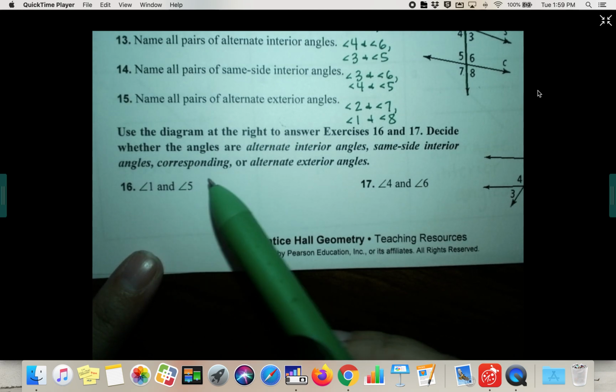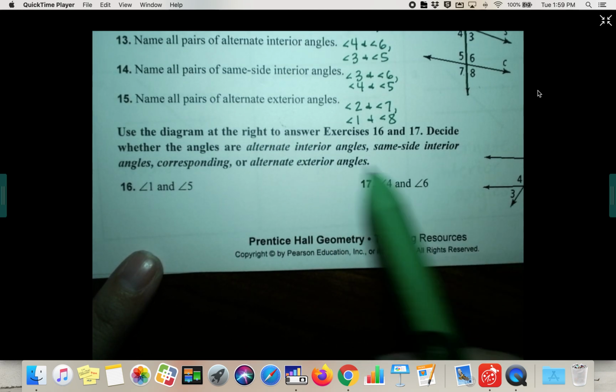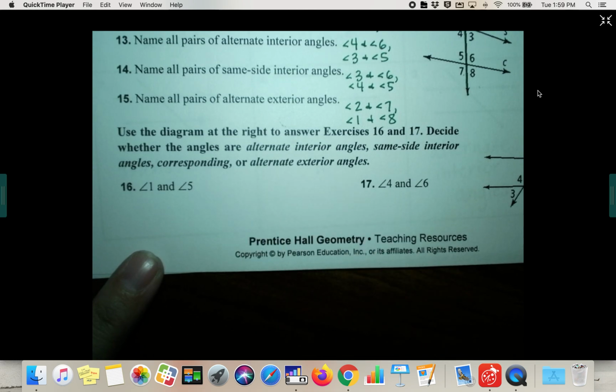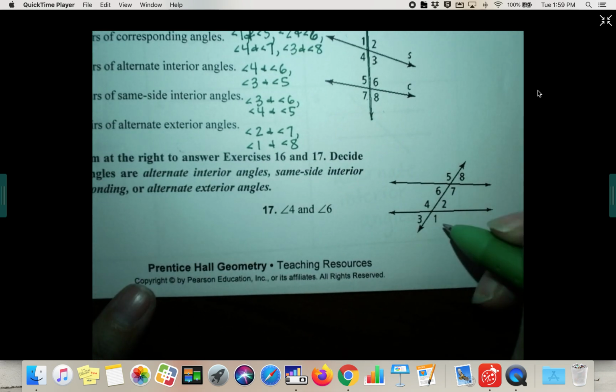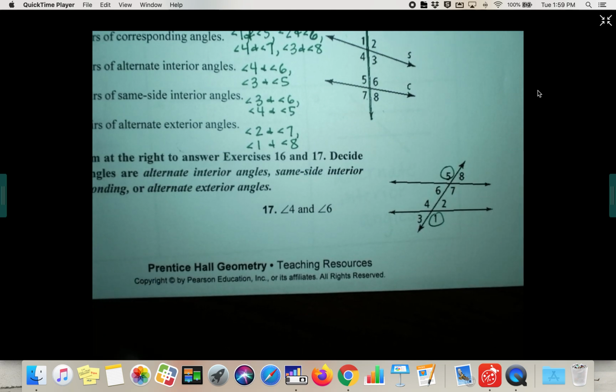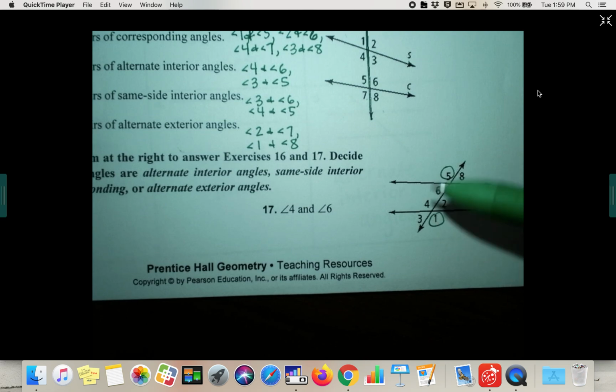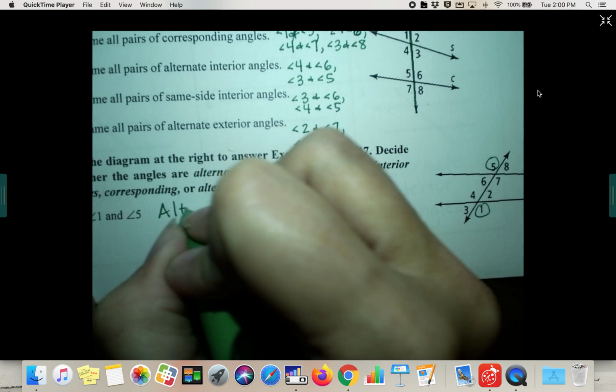Decide whether the angles listed are alternate interior, same side interior, corresponding, or alternate exterior. So let's look at 1 and 5. So angle 1 and angle 5 is what they're talking about. These are definitely, actually push pause and try these two on your own. Okay, angles 1 and 5 are definitely exterior, and they're kind of crisscrossed apart from each other, so they're alternate exterior.